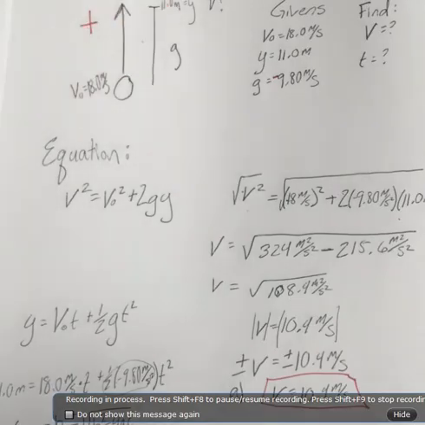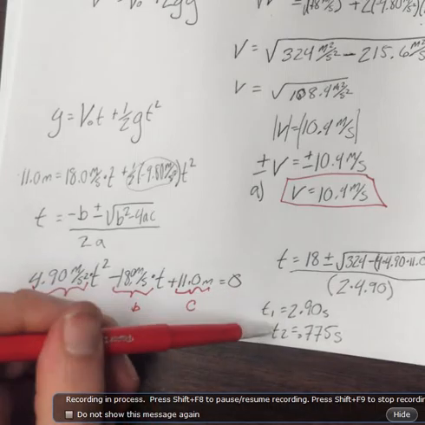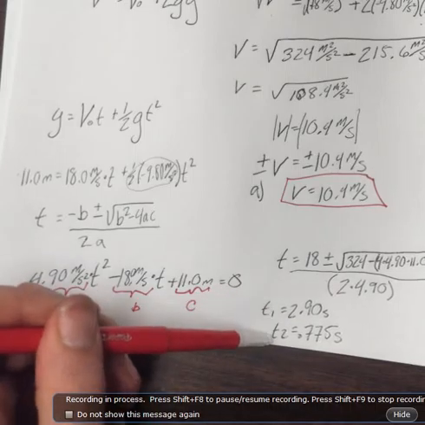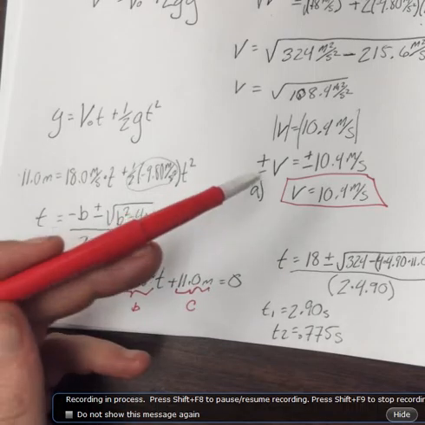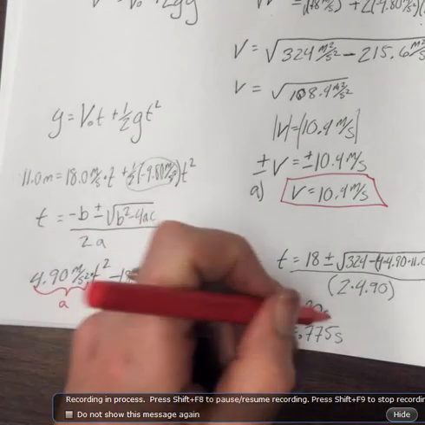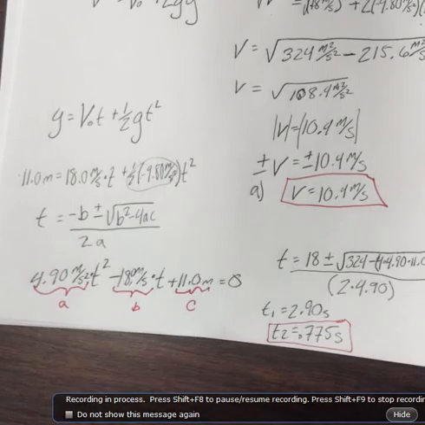So that's what these two times represent, and this is also the answer to part C. The reason that we have two different times is because the ball passes that 11 meter value twice, once on the way up and once on the way down, which means that the time that it first hits the 11 meters on its way up is the sooner time, the 0.775 seconds. And so that takes you through the solution to A, B, and C for number 42.